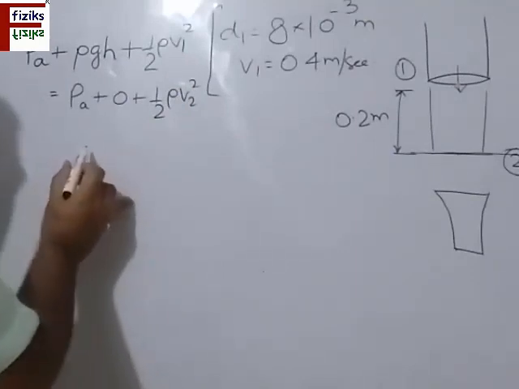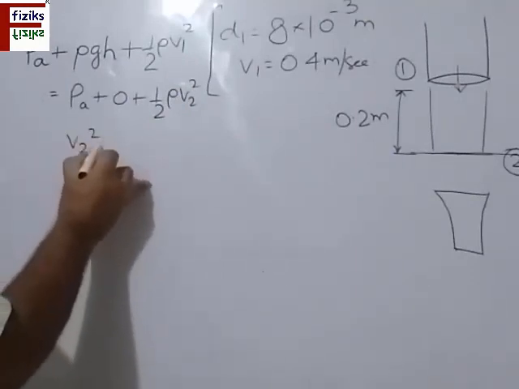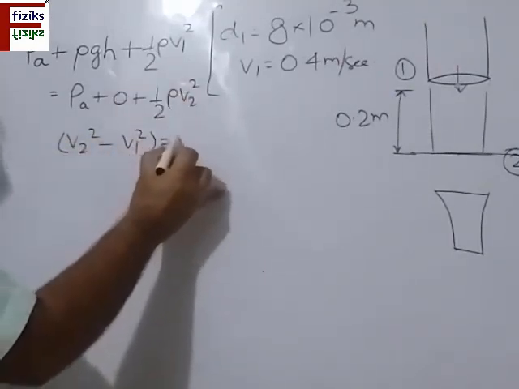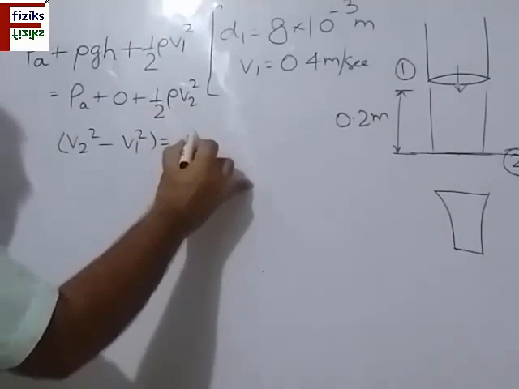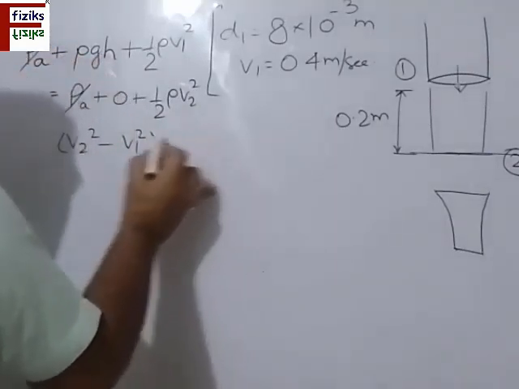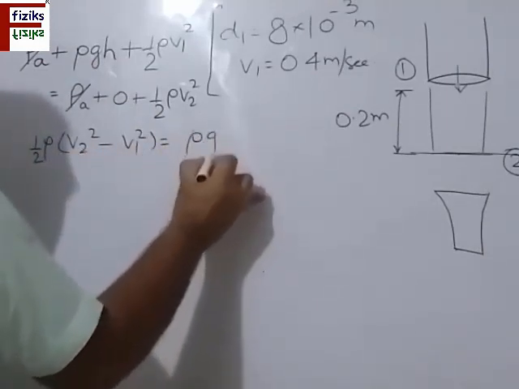So we can write V2 square minus V1 square, the pressure cancels out, half rho equal to rho g h.